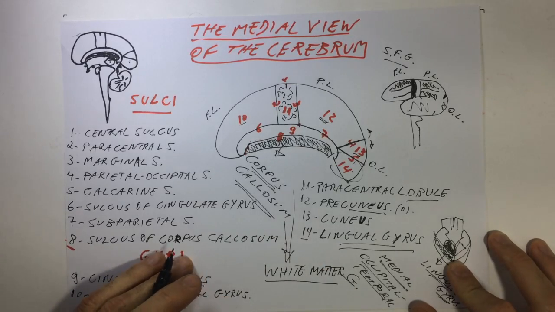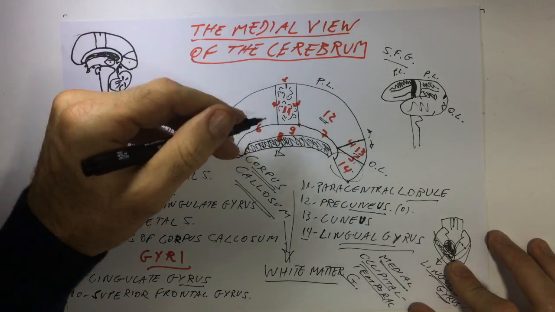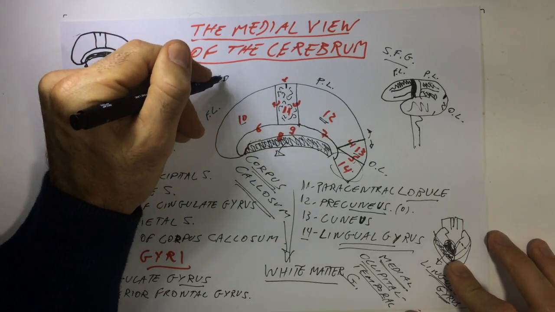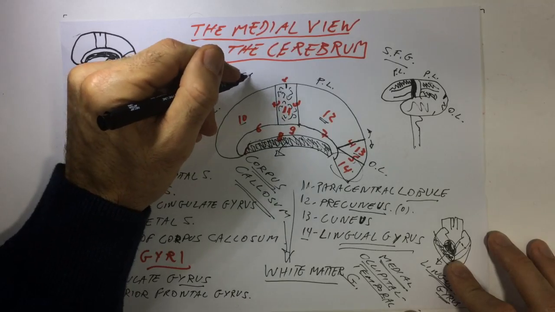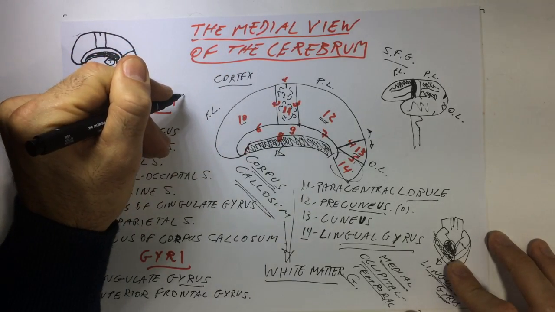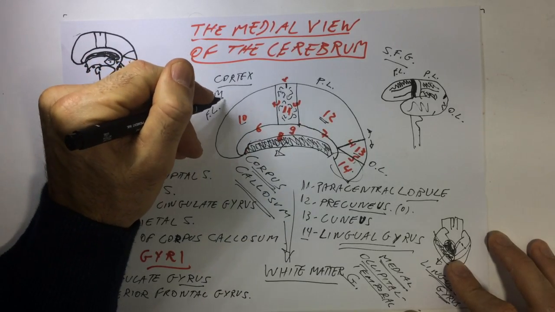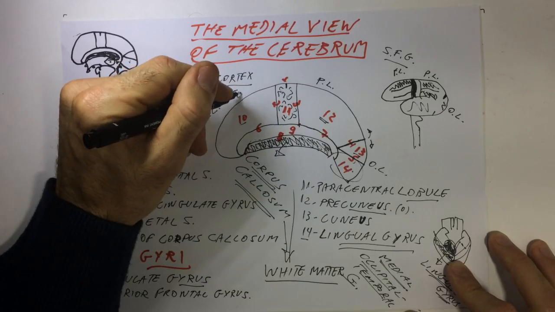And the rest of this view, that is actually made up of cortex, is gray matter.